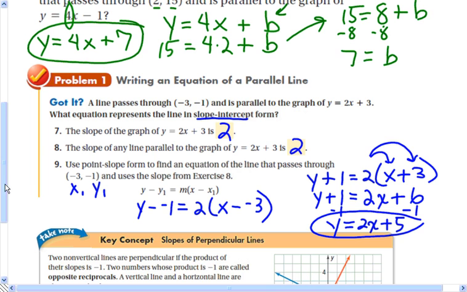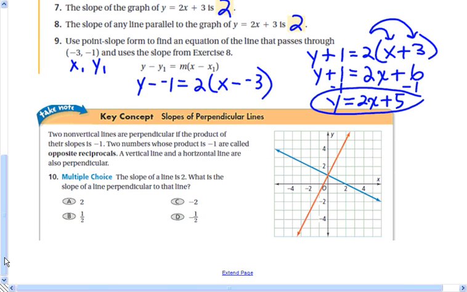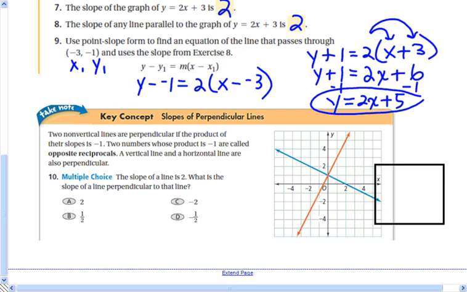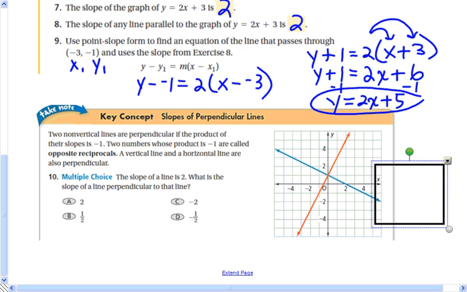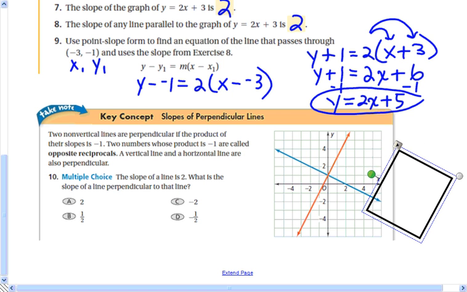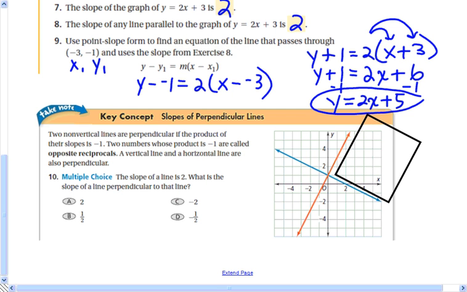Okay, now new concept, slopes of perpendicular lines. Now check this out. Don't read this yet. Let me just demonstrate it. We know that these two are perpendicular because if I took a rectangle and I put it up to that angle there, we can see that that line is a 90-degree angle.